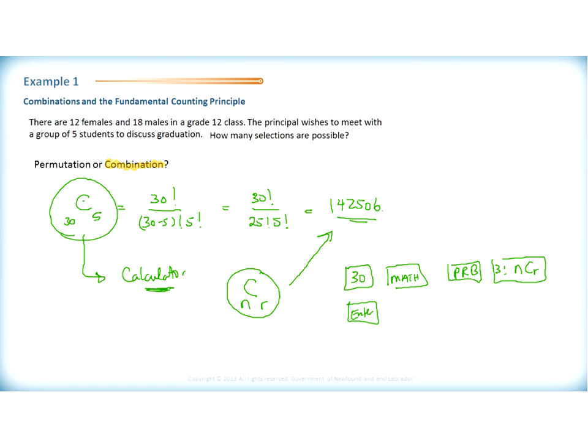Just entering the steps here that you need to enter to do this correctly. And then you type the number 5, and then you press enter again. And when you do that, you will get the answer that you see there. So I just want to make sure everyone can do that on the TI-83 or the TI-84. And again, some of you may have a different scientific calculator, but you should be able to find that button on your calculator and be able to use it correctly.